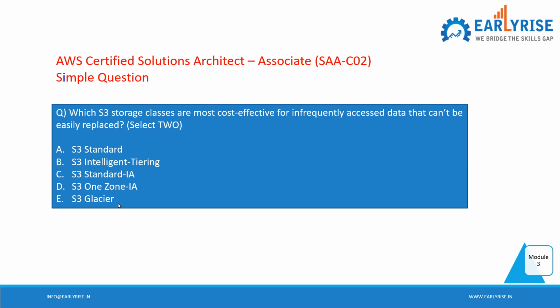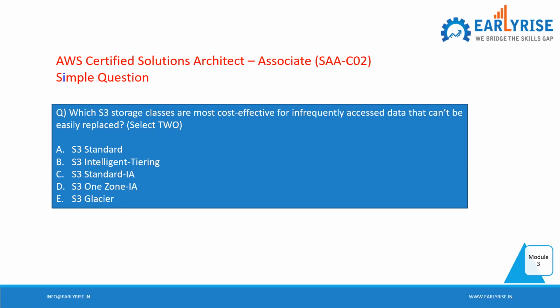S3 Glacier, what will happen in that? It will keep your data safe. Here it will be kept in three or more availability zones. So the critical requirement is matched. Now infrequently accessed matches Glacier. Now most cost effective, of course Glacier is most cost effective, correct?